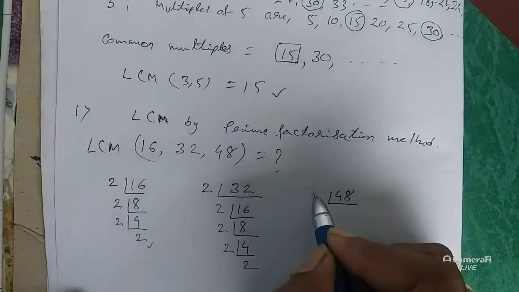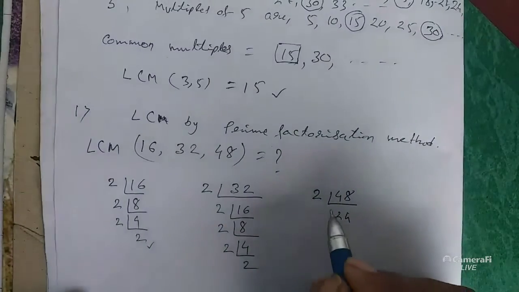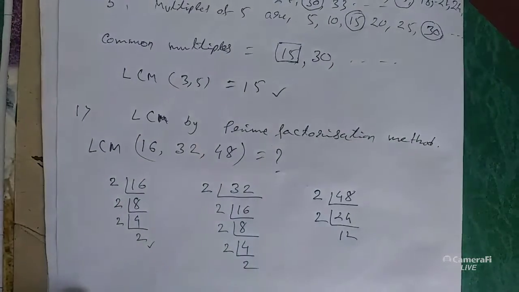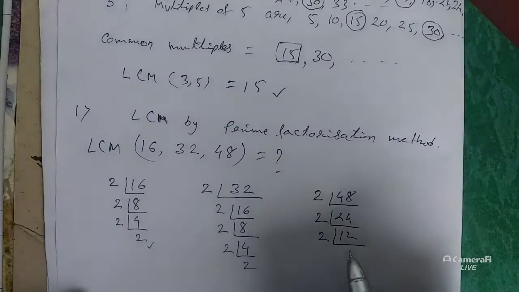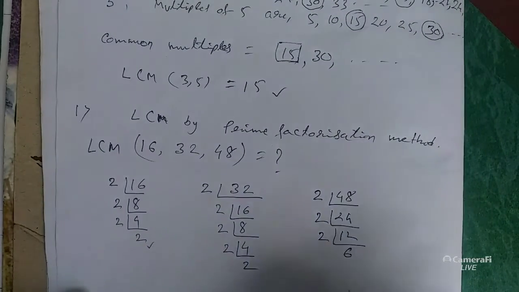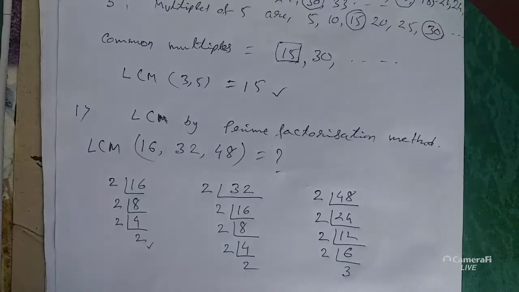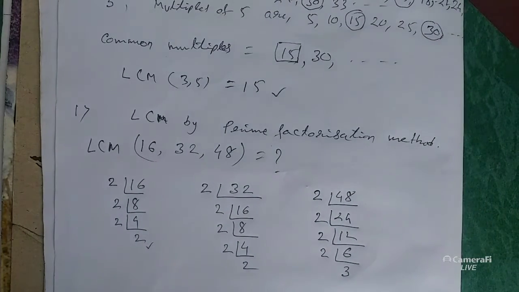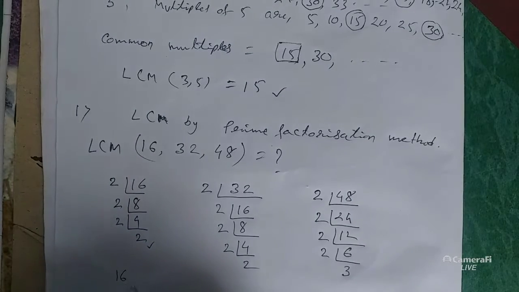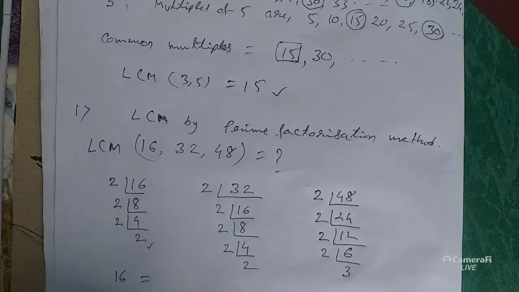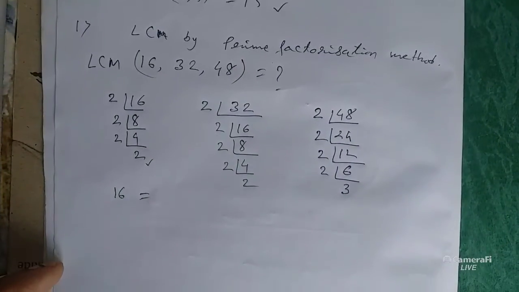For 48, we can take again 2. 2 24s are 48, 2 12s are 24. Again 2 can divide 12. 2 6s are 12. Again 2 can divide 6. 2 3s are 6. Okay. Now write down each of the numbers as a prime factorization.